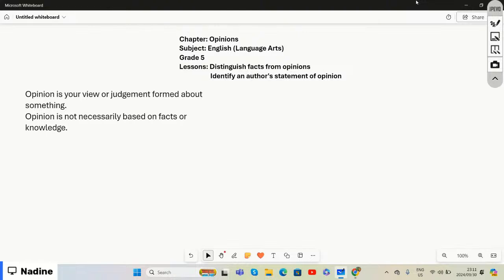So if you were to, for example, get a story or a text in an assessment or in a test, and they ask you what is your opinion on that, then it doesn't mean that we want you to read from the text. We want you to give your viewpoint or your judgment based on the text, yes, but you need to give your view and judgment about what's going on.